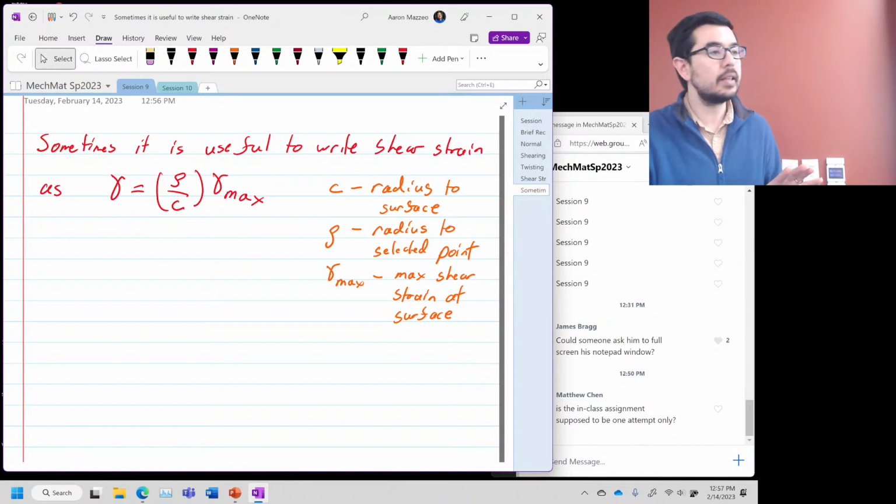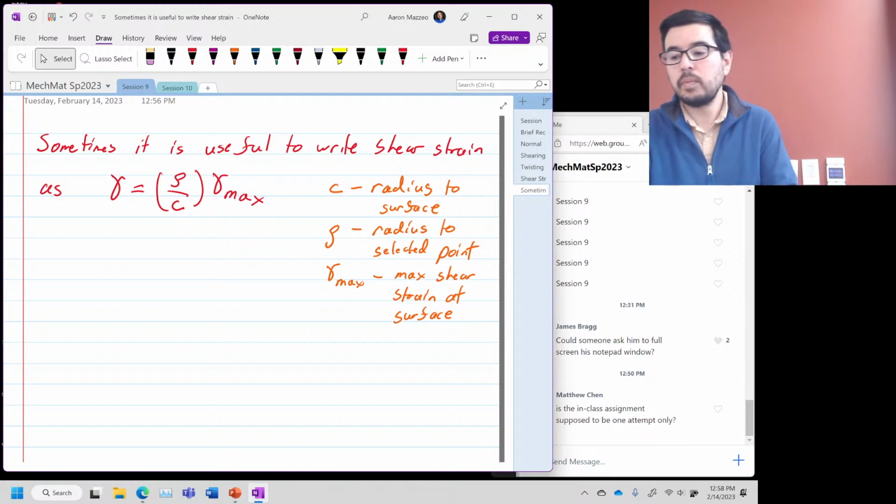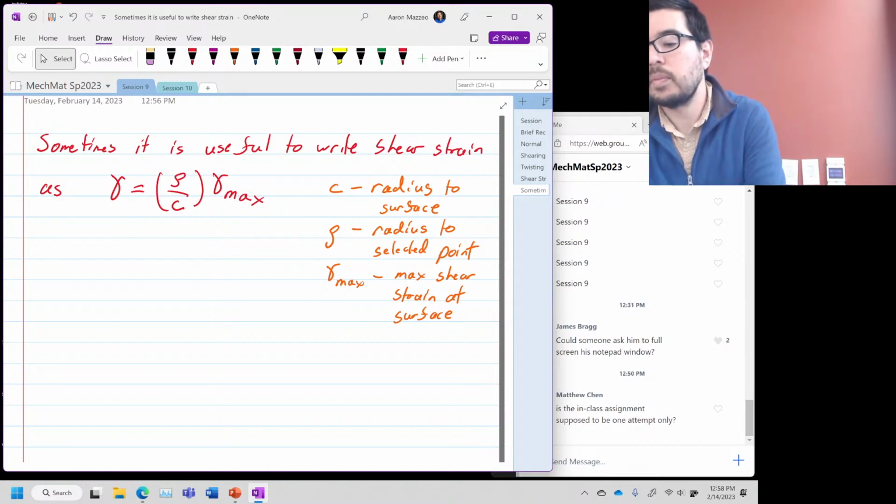Any questions on that? Yes. This is when the length of the bar or rod is fixed, right? So we're talking about it at a fixed location. How far you are from the center of the circle represents how much of the maximum gamma is. Yes.